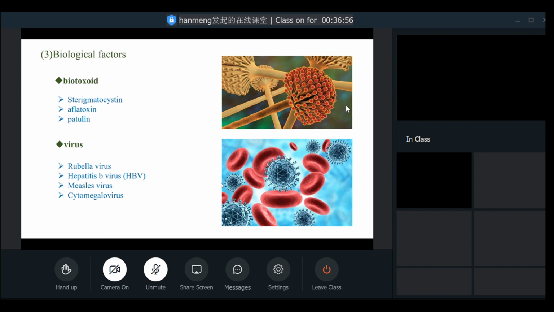The third one is the biofactors. It includes the biotoxins and the virus. For example, the aflatoxin and the pathogen, the virus, for example, the rubella virus, the HBV, and the MERS virus.